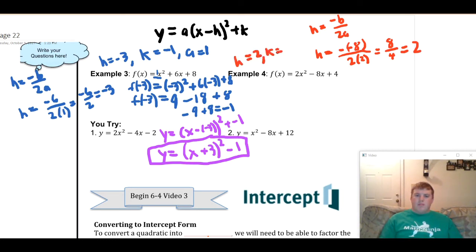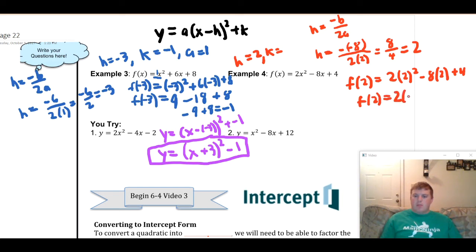The next thing we want to find is our k value. To find the k value, we plug it back into the original. So f of 2 is going to give us 2 times 2 squared minus 8 times 2 plus 4. Now I simplify using my order of operations.